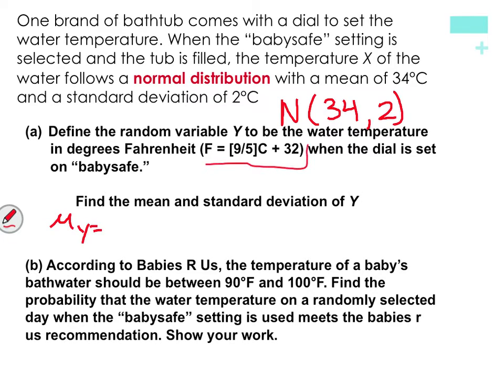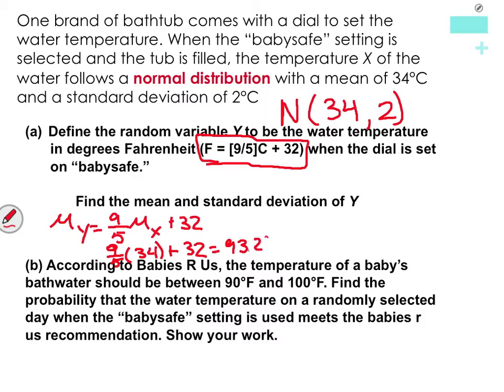I need this to change to Fahrenheit, so the mean is going to be affected by both adding that 32 and multiplying by that 9/5, right? So 9/5 of the original mean plus the 32. Okay, so that's 9/5 of the 34 plus 32, which gives you 93.2 degrees Fahrenheit.